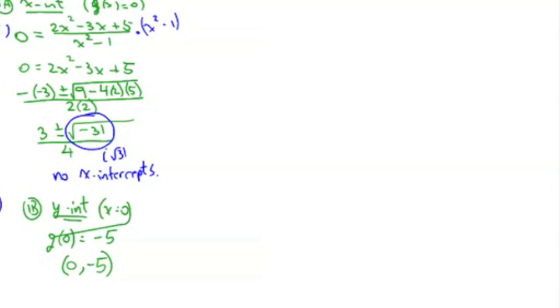2. Find the vertical asymptotes. So how do I find the vertical asymptotes of a rational function? I gave you a hint in my directions. Any value that makes the bottom equal to 0. So the hint is, take the bottom, and set it equal to 0. The bottom is x squared minus 1.